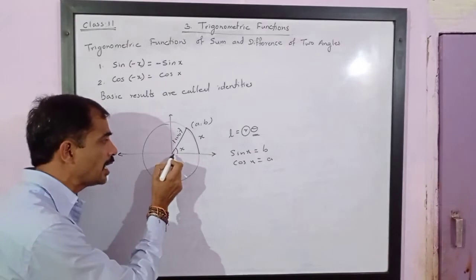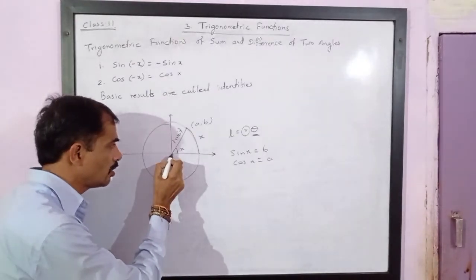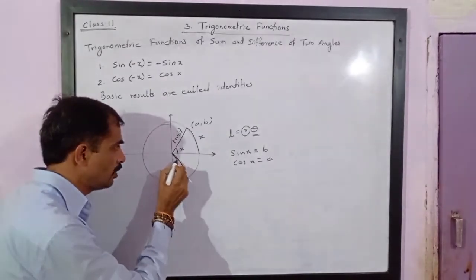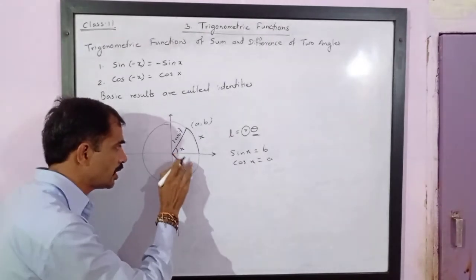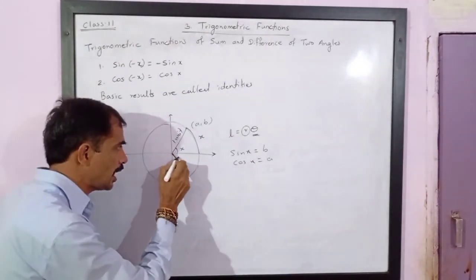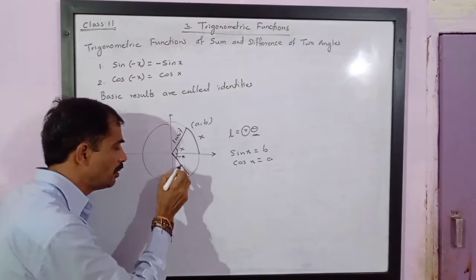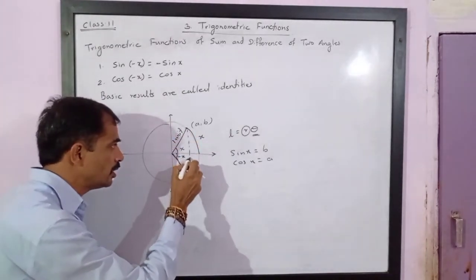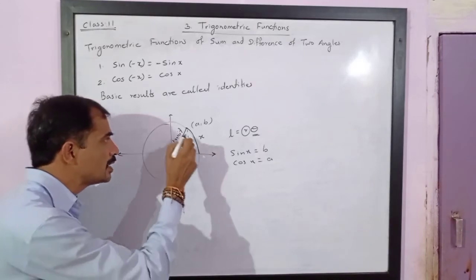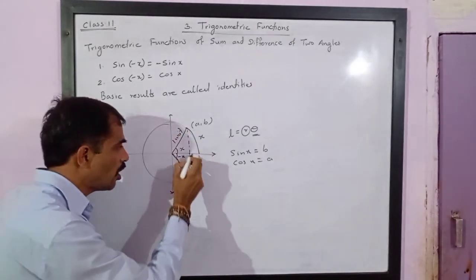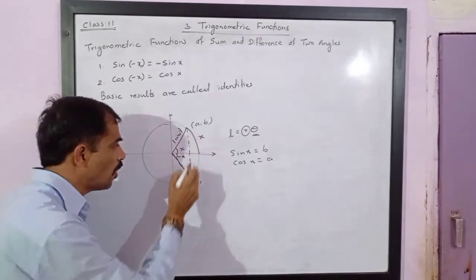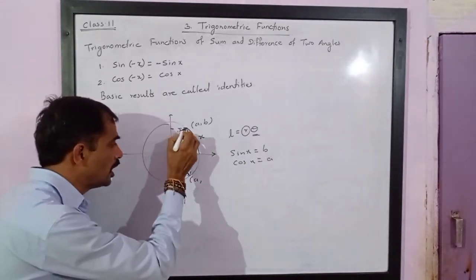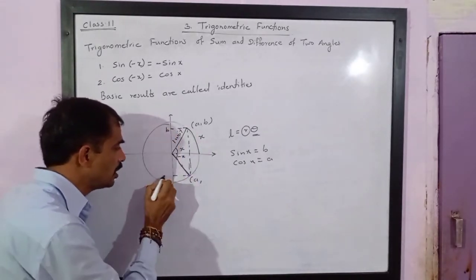So angle negative x will come in clockwise direction and it will be exactly equal to x. This angle and this angle will be the same, only the direction will be different. And this point will also be exactly the same. Here the x coordinate is a only and the y coordinate, which was b, will be negative b.